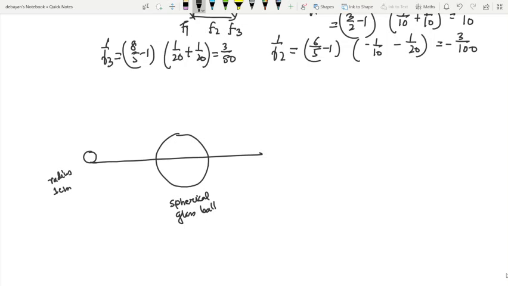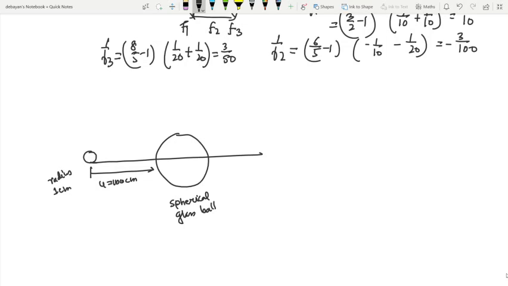And the radius of this spherical ball is 25 centimeter, and you think the refractive index is 1.5.